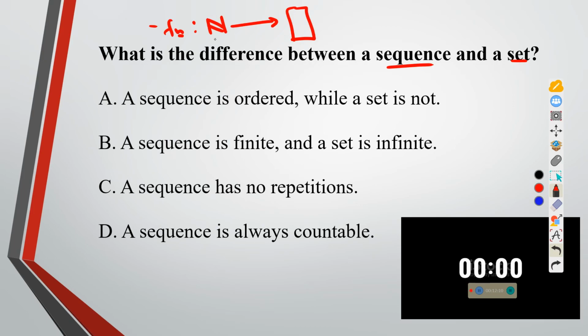So if we pick n from this domain, we get a_n in the codomain. It means the order is inherent.